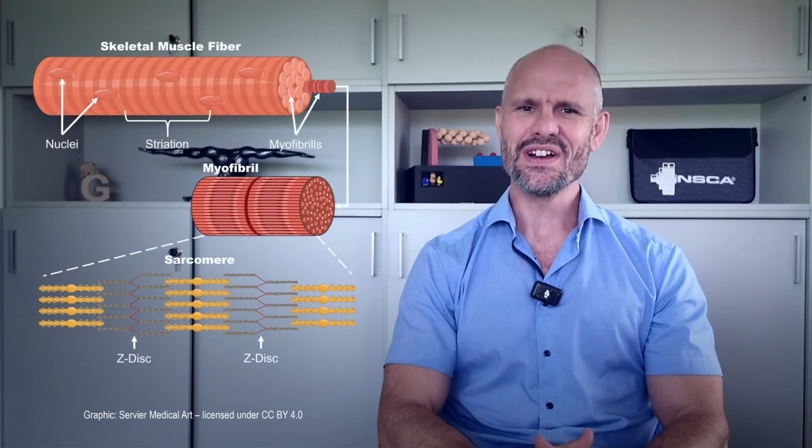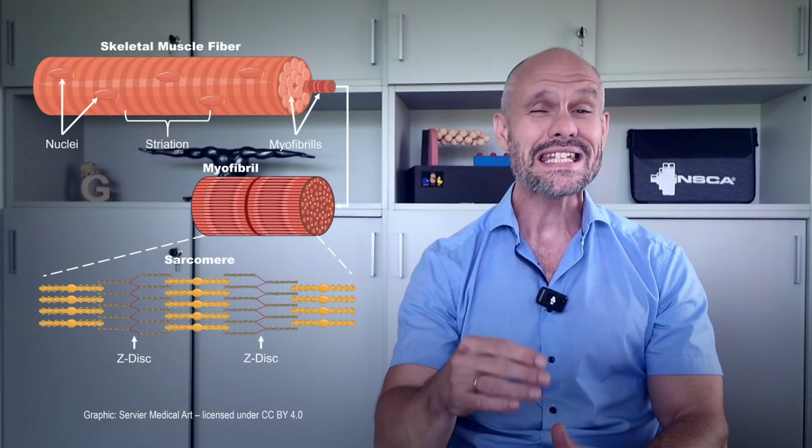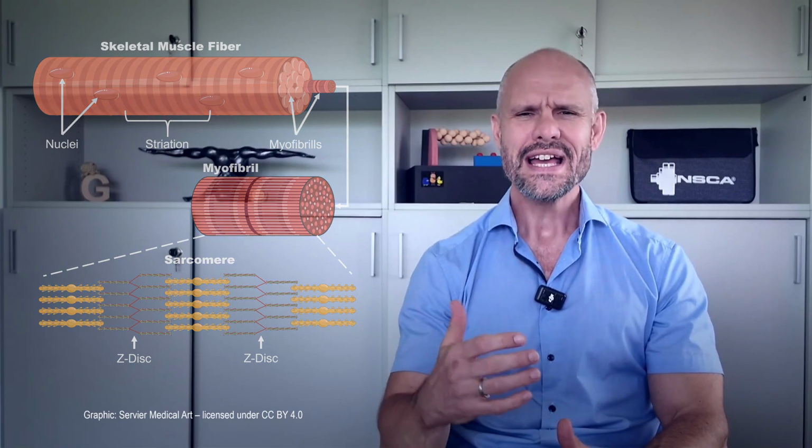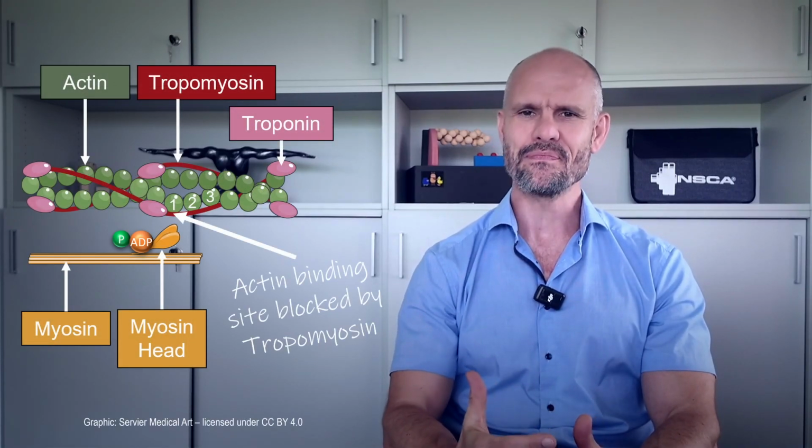In our last video, we explored the structure of skeletal muscle, from vesicles down to sarcomeres. Now let's zoom in a little bit further and see what happens at the molecular level. First of all, in the resting skeletal muscle, most myosin heads are detached but energized. What does that mean?